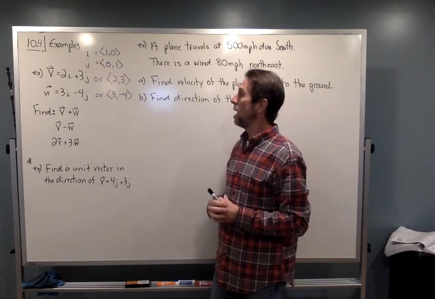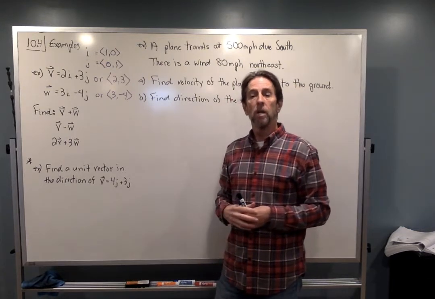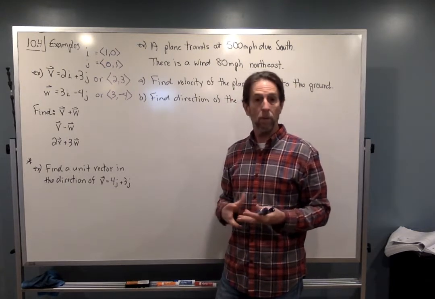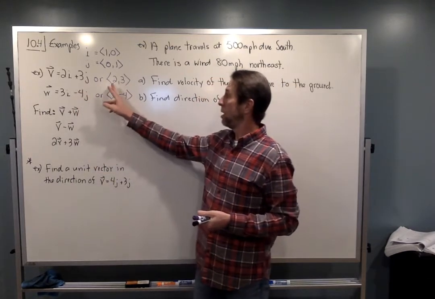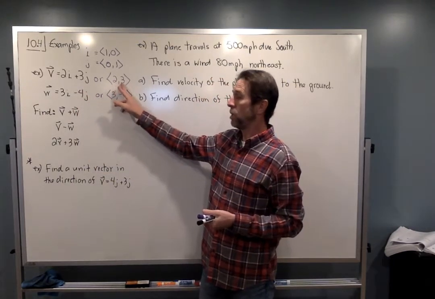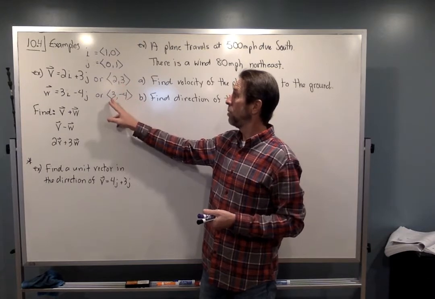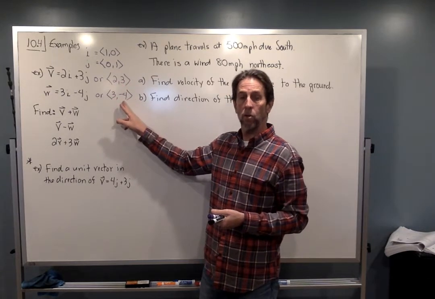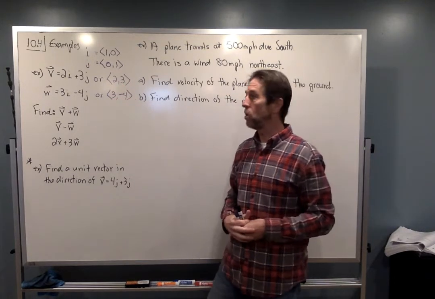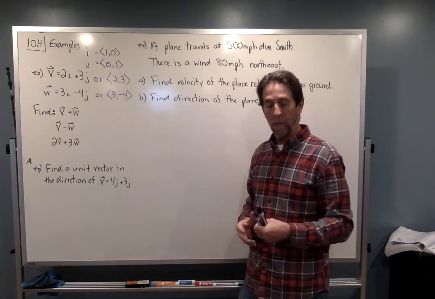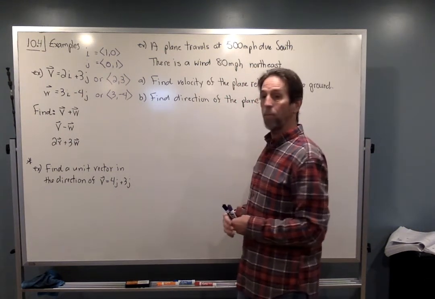So basically, I want to put these two together. In the last video, we looked at the geometric way of putting these two together, and that would be just plotting 2, 3 as a vector, and on the end of it, plotting 3, negative 4, moving that direction and seeing what you end up with as a result. But in this case, we're going to do it analytically because it does have a benefit.